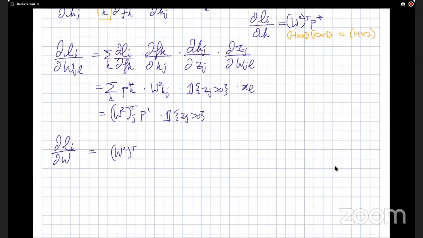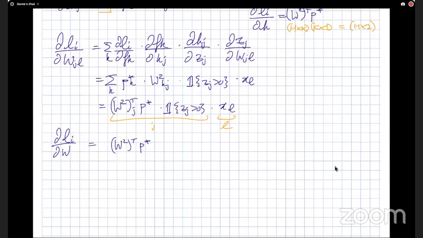This is J, this is L. So really what we're doing here is this is P star, and I'm going to write something that looks a bit weird, a Hadamard product with Z plus, and then multiply that by X.